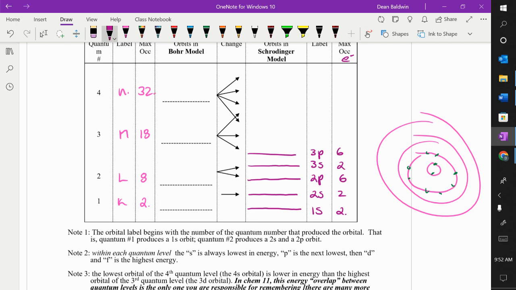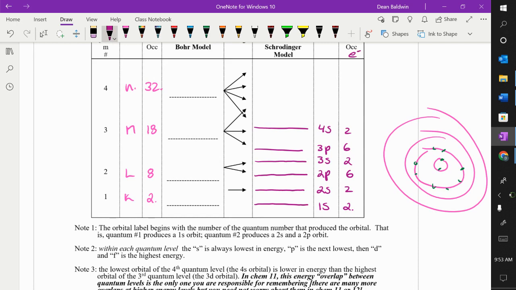What comes after that? 4s, 2 electrons. Now this is where it changes up. What do you think is going to come after the 4s? Well, it's always been SP, SP, so you want to say 4p, but what actually comes before that is the 3d.